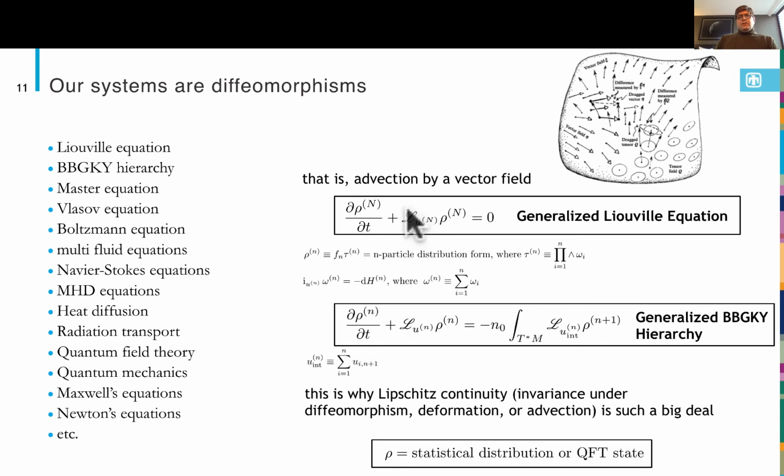And this Lie derivative turns out to be either a commutator, a Poisson bracket, or things like v dot grad v, or acceleration dot grad position. We can now integrate this up and find it in terms of, say, the 1 or 2 or n-particle distribution function. We find that's also advected.